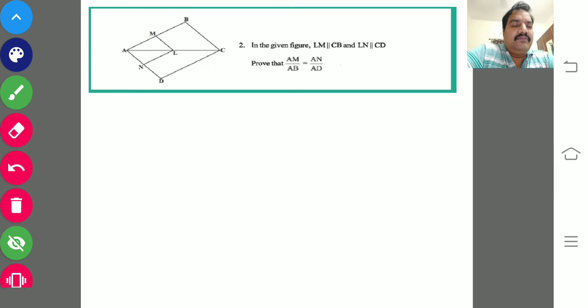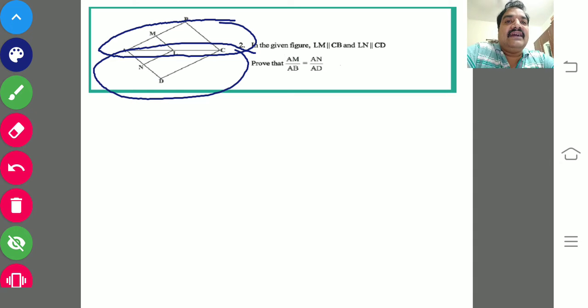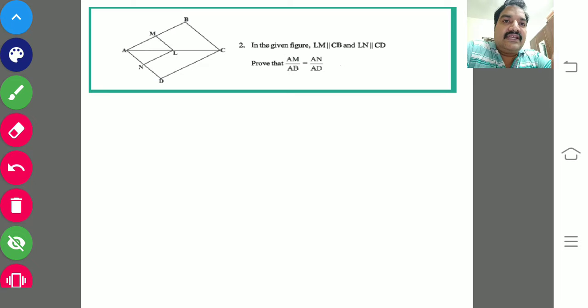So we know the basic proportionality theorem and the converse of the basic proportionality theorem. Observe the whole picture is a mixture: triangle ABC is there, and below it, inverted, triangle ACD also there. First you select the first triangle.